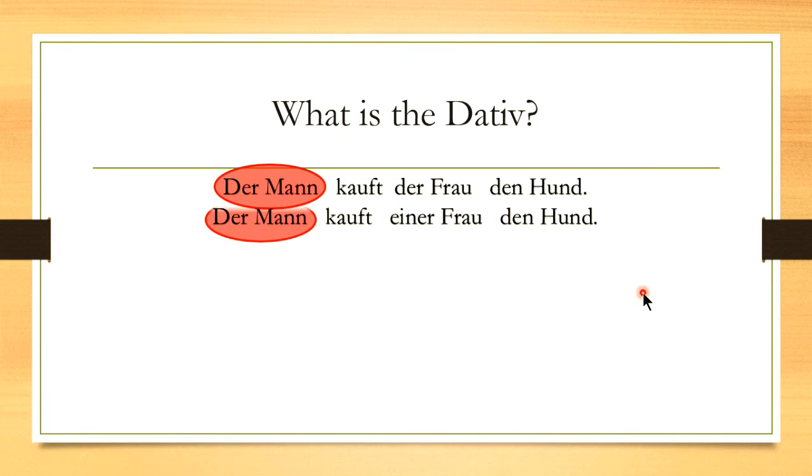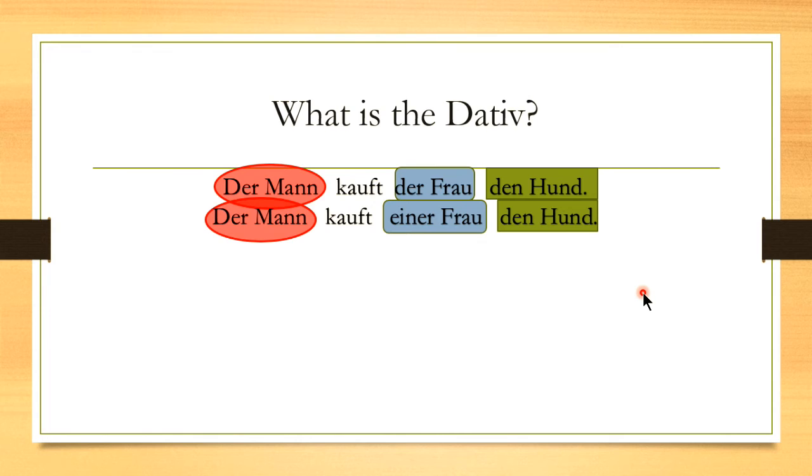Again, der Mann, still nominative, still subject, still doing the action. Den Hund is also still the accusative. It is still directly affected by what the man is doing, by the action. Now, der Frau is the indirect object, or the dative, and is thus now in front of the accusative.